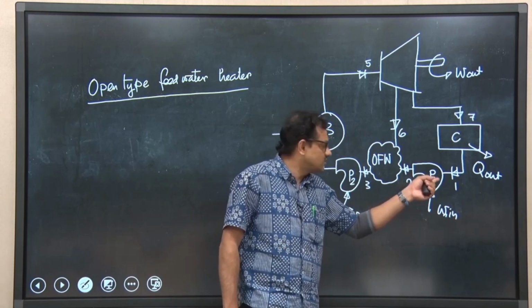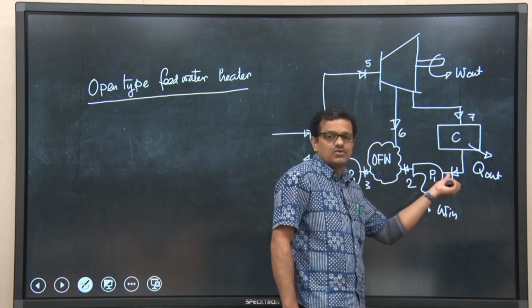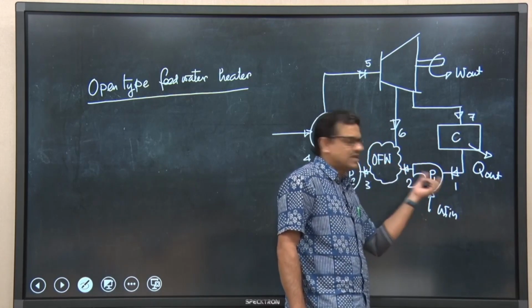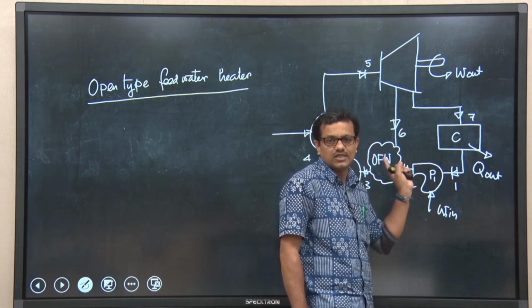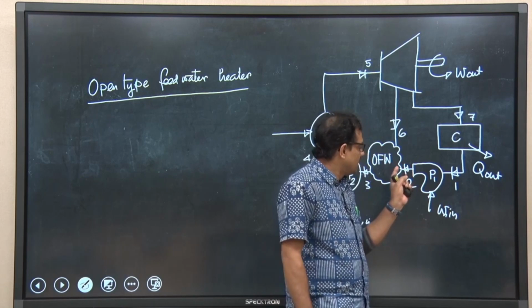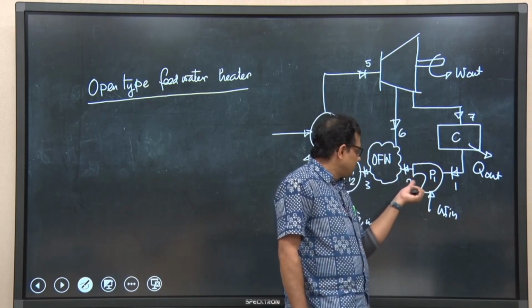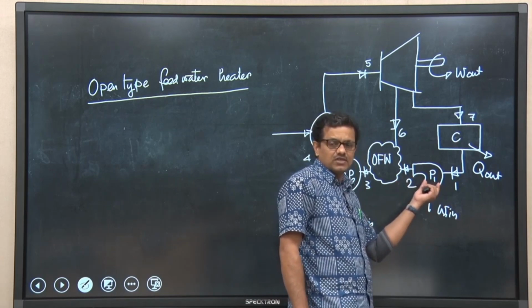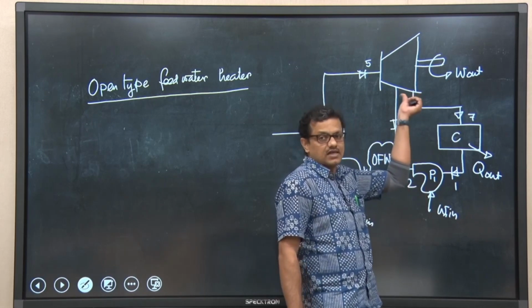So long as the pump is there to pump the condensate to the feed water, the thermodynamic state at point 1 should be saturated liquid. Okay. The pressure is raised, and that pressure is the intermediate pressure at which steam is extracted.